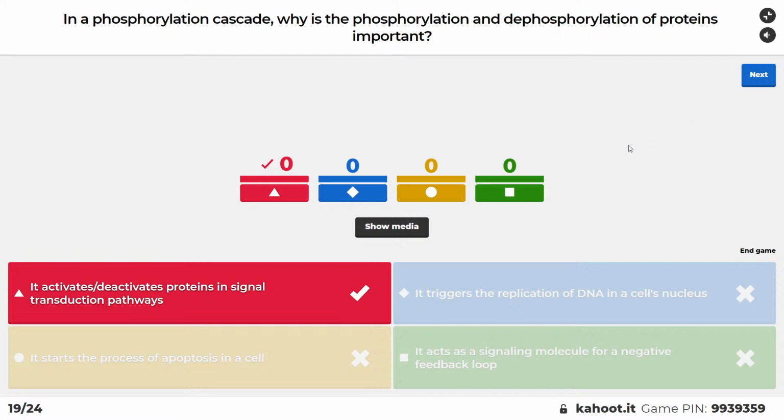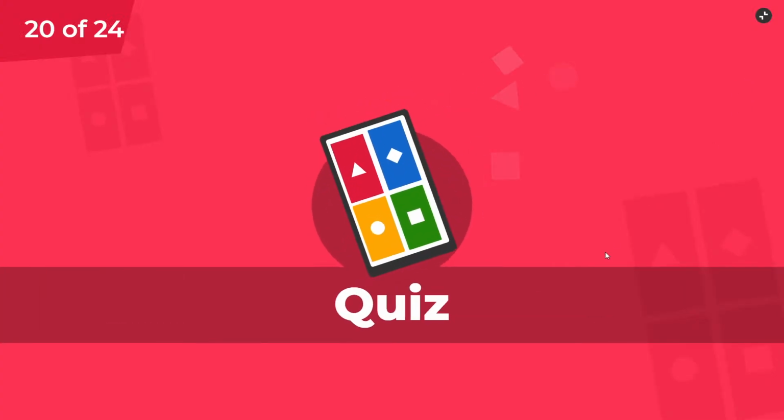And it's obviously not B because DNA replication is involved with mitosis and interphase and all that fun stuff. And then C and D are about signaling molecules interacting with receptor proteins. All right, moving on.